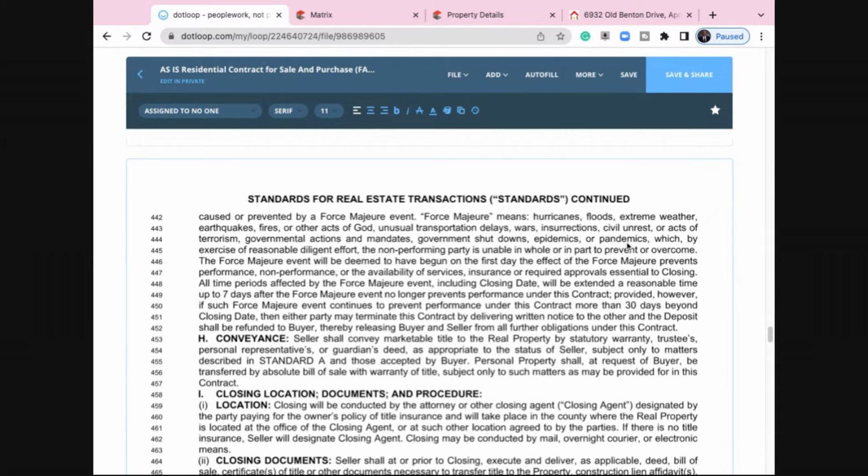So, pandemic, we had with COVID, this would have kicked in if we couldn't close, which by exercise of reasonable due diligence efforts, the non-performing party is unable, in whole or in part, to prevent or overcome the force majeure event, will be deemed to have begun on the first day of the effect of the force majeure prevents performance or non-performance, or the availability of services, insurance, or requirement of.